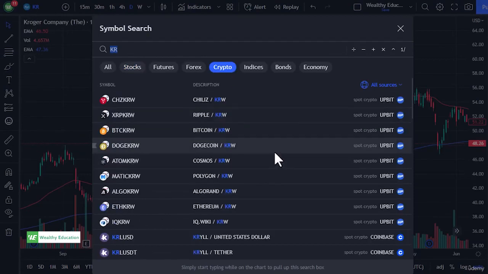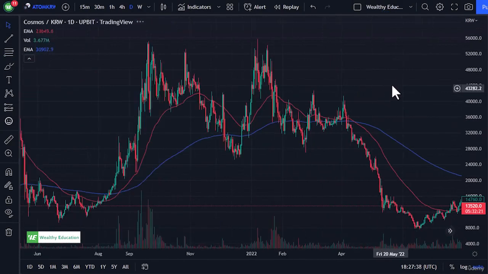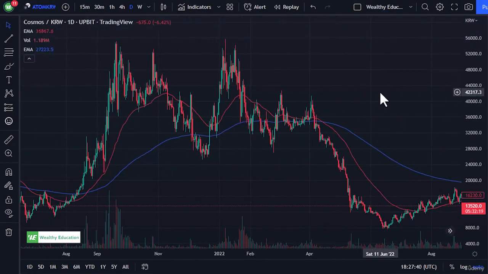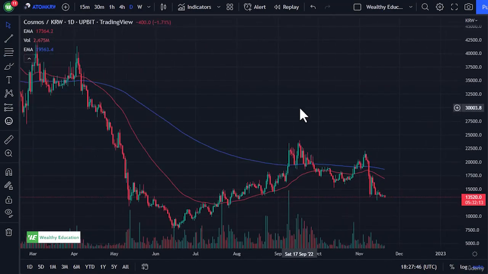Let's take a look at crypto, Cosmos Korean won. So here is a rectangle that ended up being a reversal.